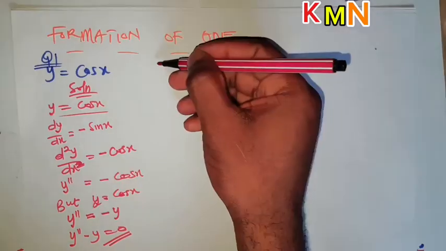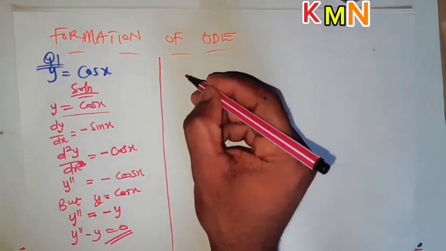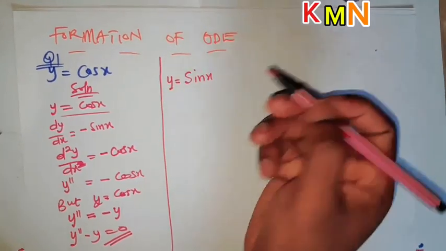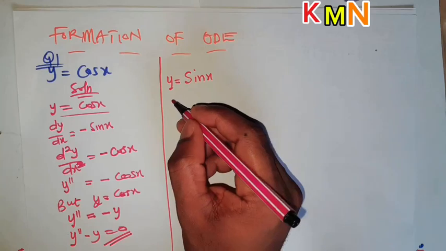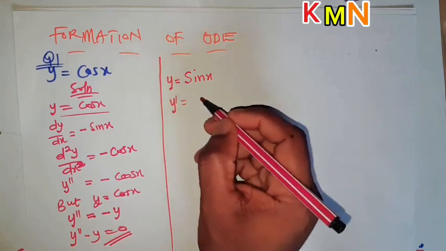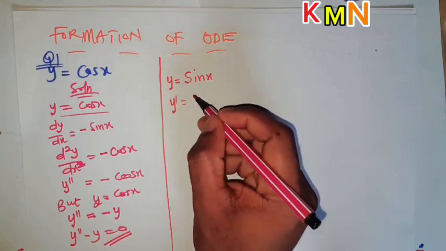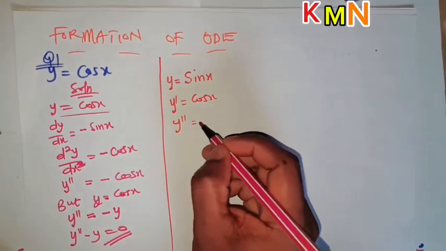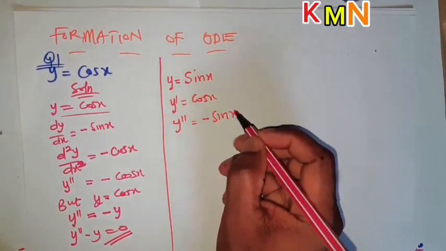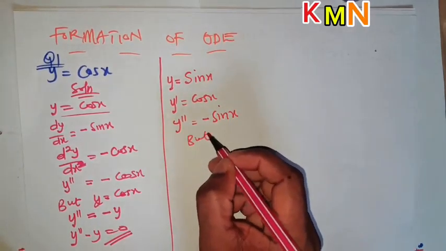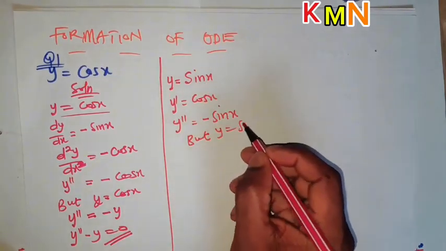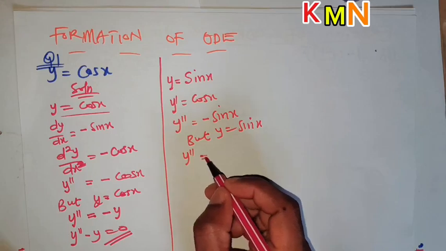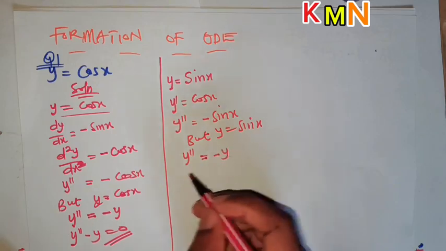Since we've used the cosine, let's try that of the sine. So let's check this function, y equals sine x. The same procedure. Our first derivative is cosine x. Our second derivative is negative sine x, but we know that y is equal to sine x, hence y prime prime equals negative y.